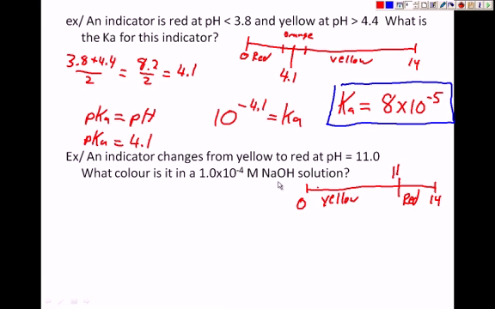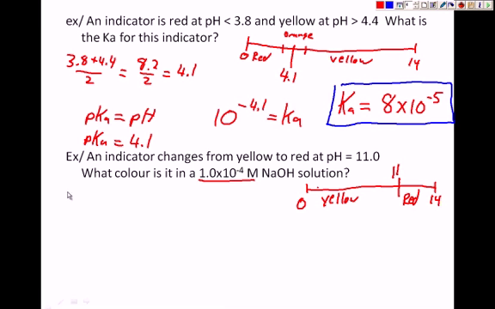Well, what we know about NaOH is that it is a strong base, and so it's going to 100% ionize, and therefore we know the concentration of OH- is also 1.0 times 10 to the minus 4. So we can find the pH of this, and I'm going to combine two formulas.